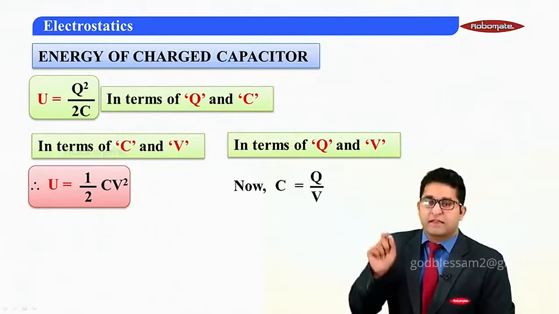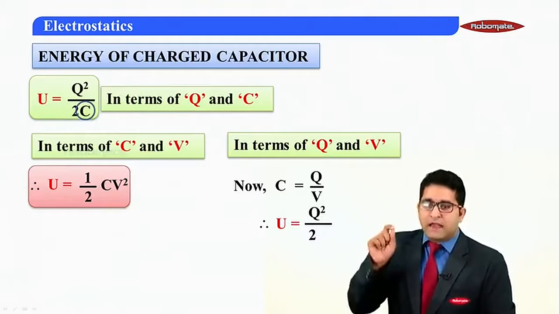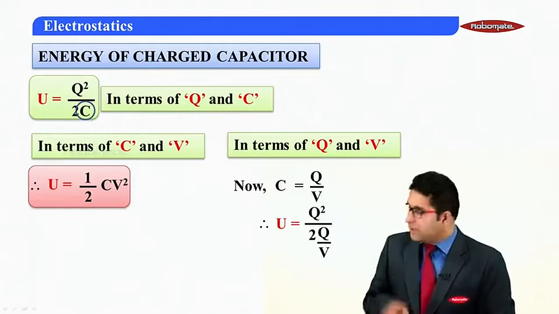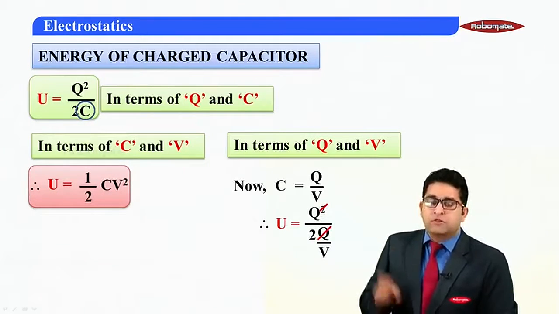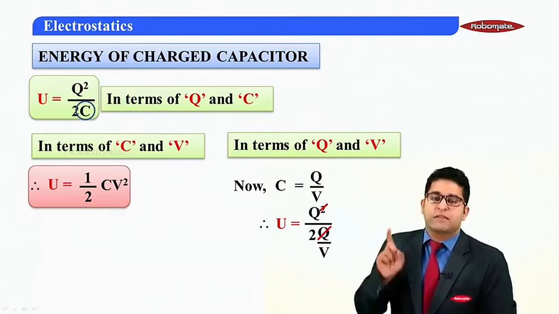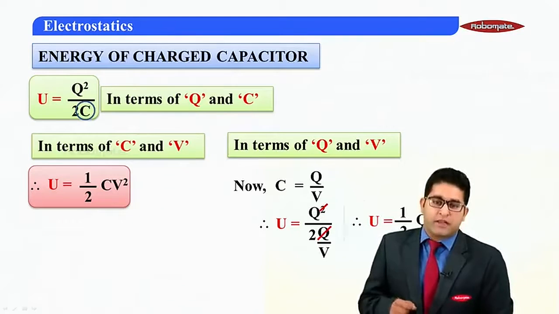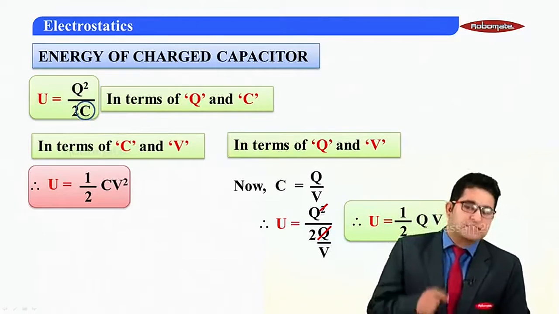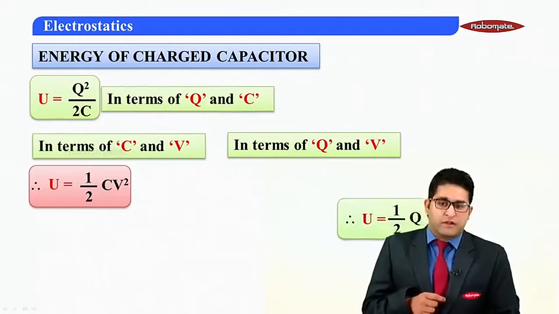I'll get U is equal to Q square upon 2, and instead of C, I'll write capital Q upon V. I can cancel out Q and Q square, and I'll be left with capital U is equal to half QV. So this is another expression for energy stored in a charged capacitor in terms of charge and potential.